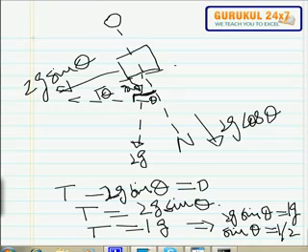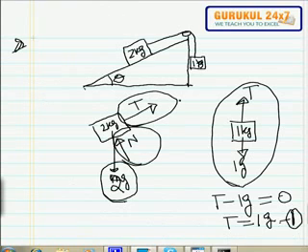So taking a recap of this, first of all we drew the free body diagrams, we had our equation for tension, this was simpler. After that we needed to find a way to find the tension for the 2 kilogram block. The way to do that was to resolve the forces perpendicular and parallel to the incline. Anything that's parallel to the incline will not be touched, it will remain the same.